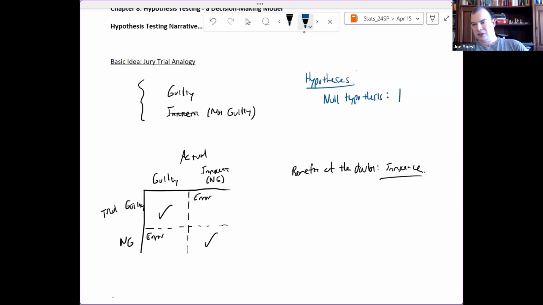Typically, it's given the symbol H subscript 0. The null hypothesis is the default hypothesis. In the absence of information to the contrary, we'll continue forward with this worldview, H naught, the null hypothesis. It's the default. It gets the benefit of the doubt.